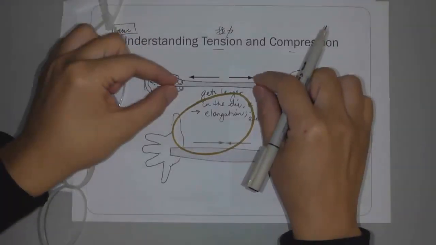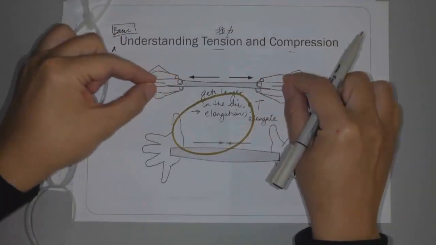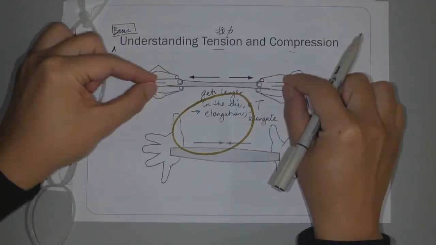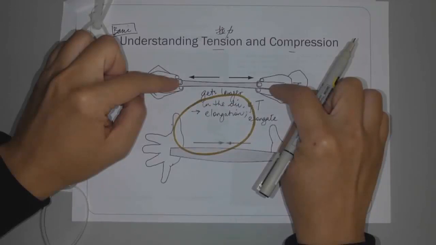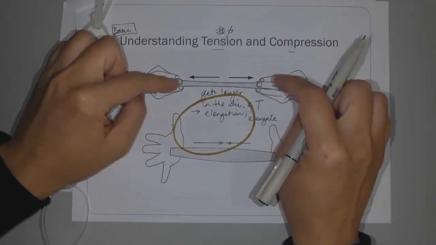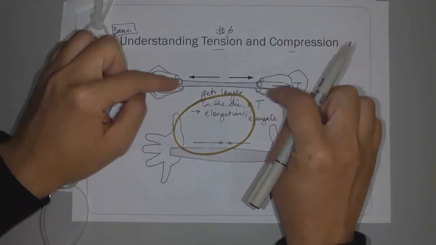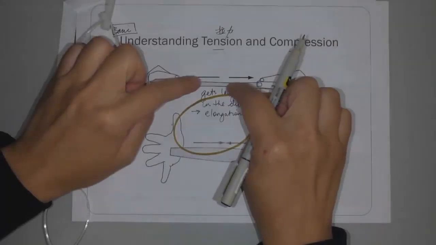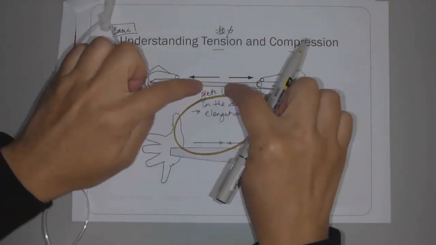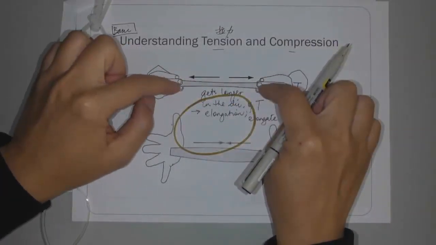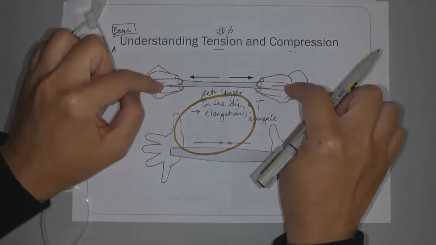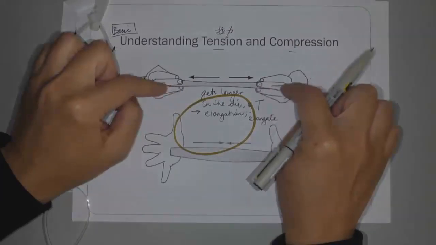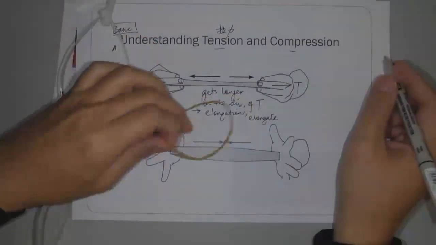First, if you apply tension like this, there will be elongation along that direction. But if I repeat the same sentence in the opposite direction, you say, if this piece of material gets longer in this direction, then it implies there is tension along this direction.